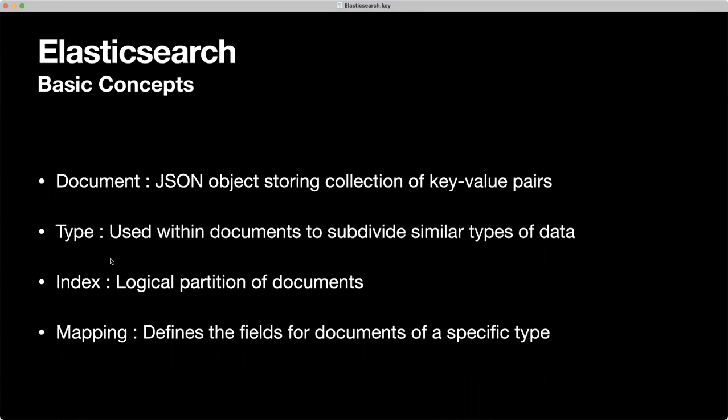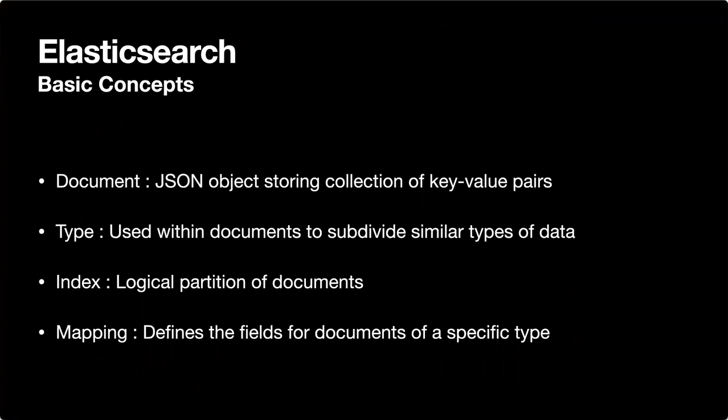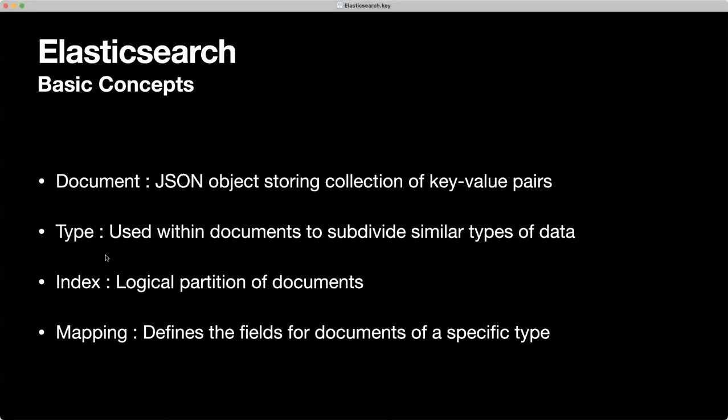Now, type is just a field within the document. It is used to differentiate the different types of documents. Let's say I have a user document, and I might have a product document, if I'm managing products and users can buy products. So I might have product documents and user documents. Type is just a field.